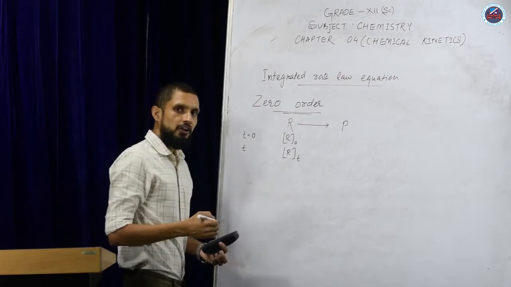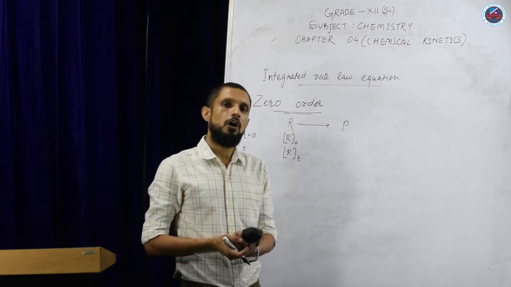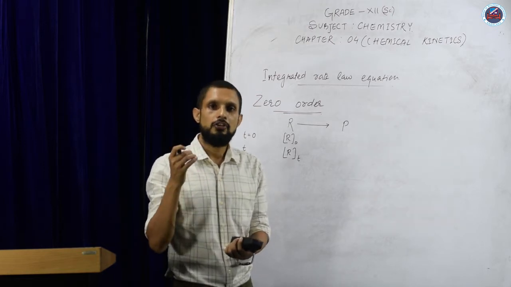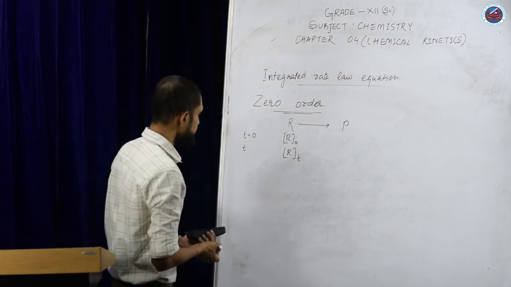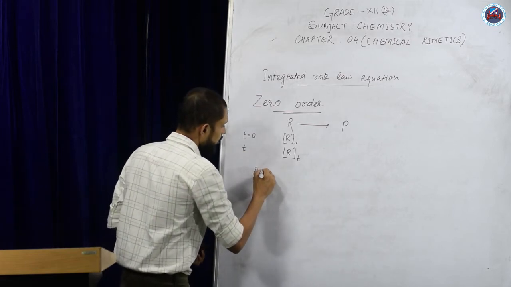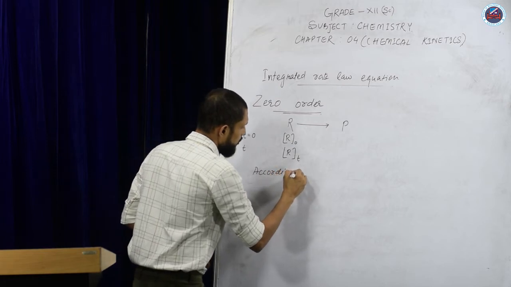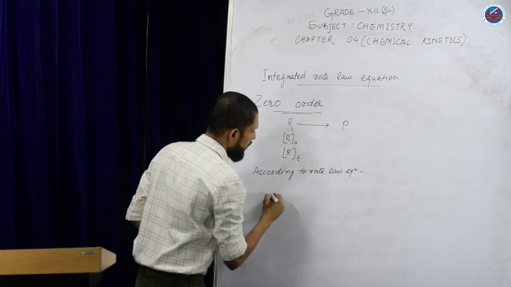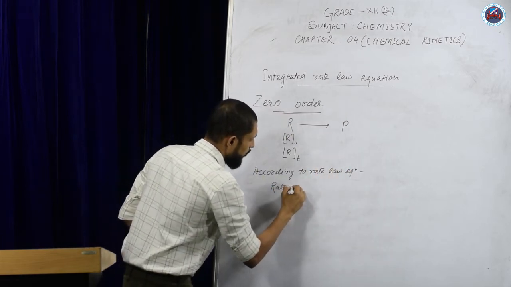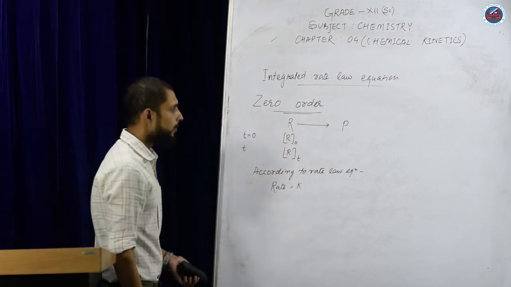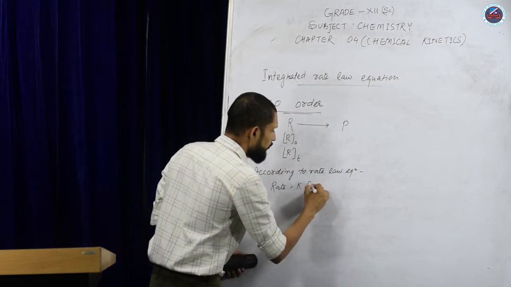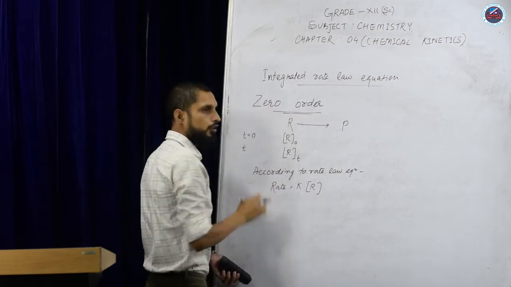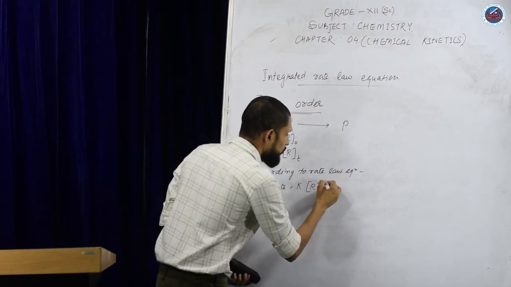Now, we'll apply here the concept of rate law and integrated rate equation. So first, according to rate law equation, the rate of this reaction is equal to rate constant multiplied by concentration of reactant, that is R. Now since this is a zero order reaction, we'll have R to the power 0.